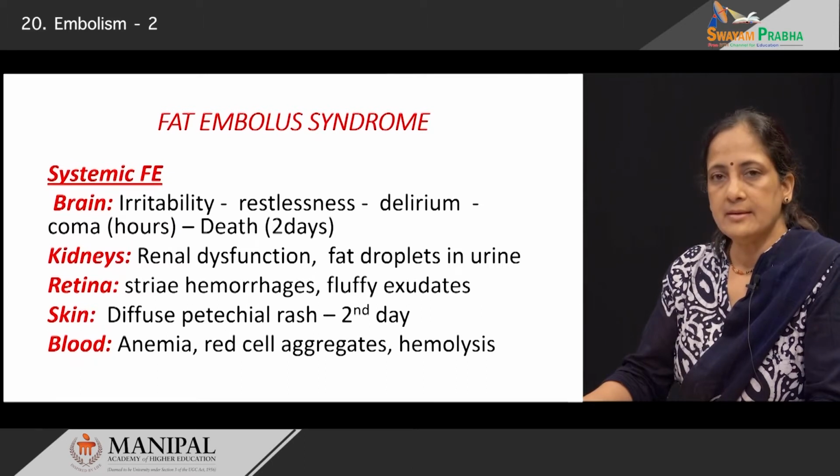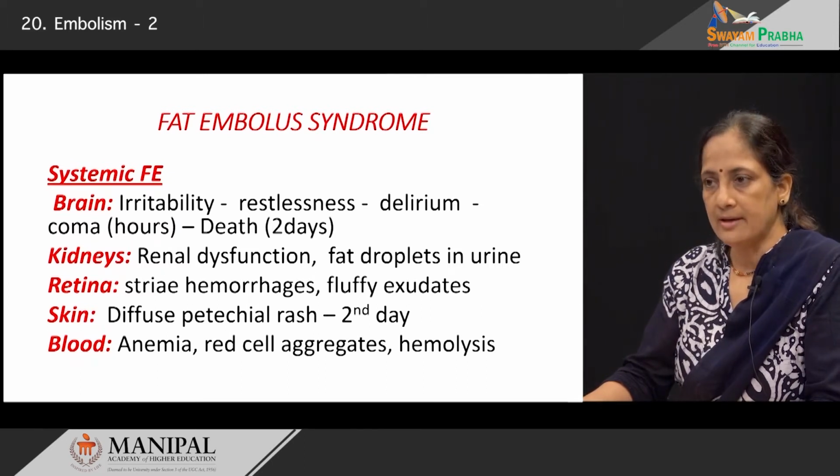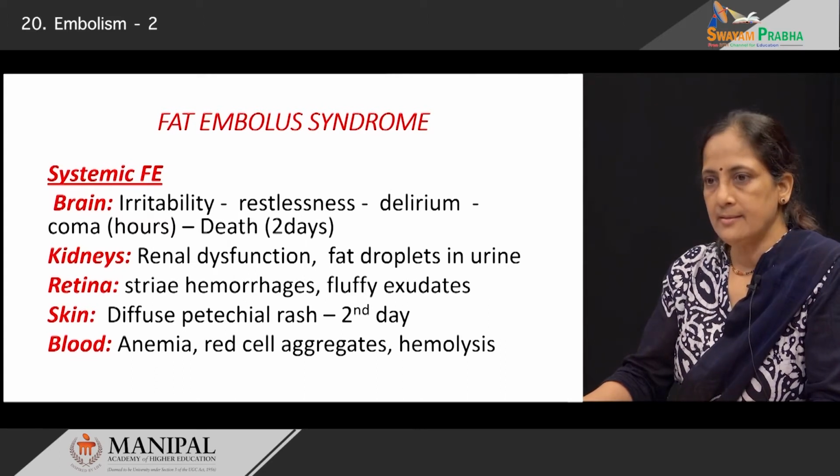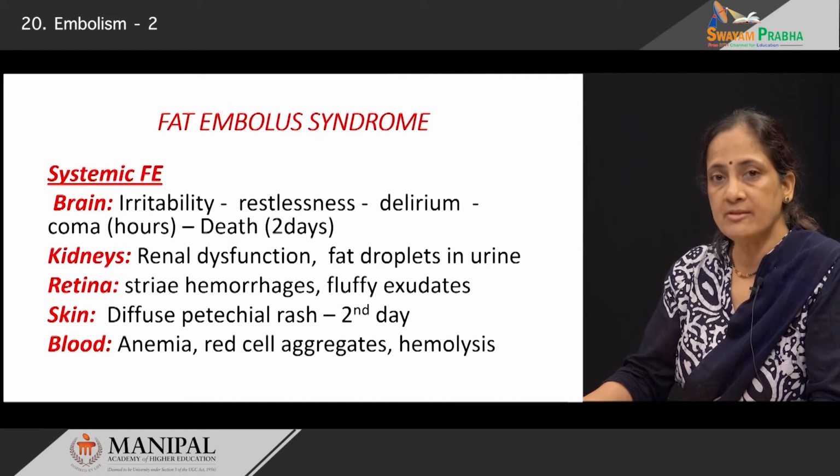In kidney, renal dysfunction can result and fat emboli are sometimes detected in the urine of the patient. Retinal fat emboli result in striate hemorrhages and fluffy exudates. Skin vessels involved cause a diffuse petechial rash, and this is one of the identifying features usually seen on the second day after the fat embolization.